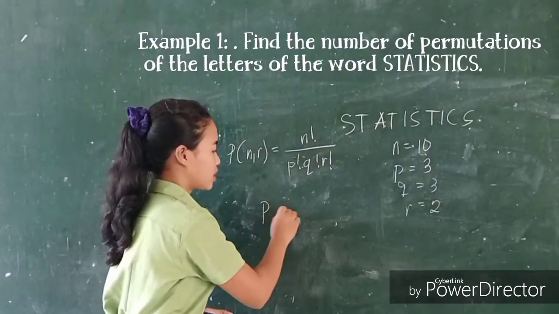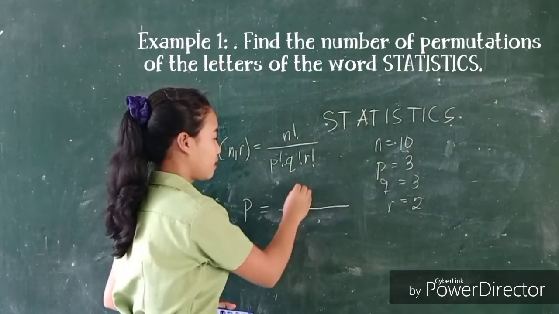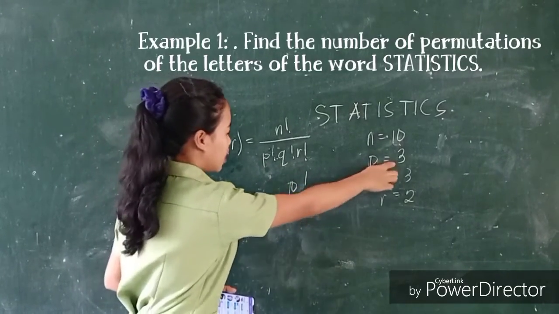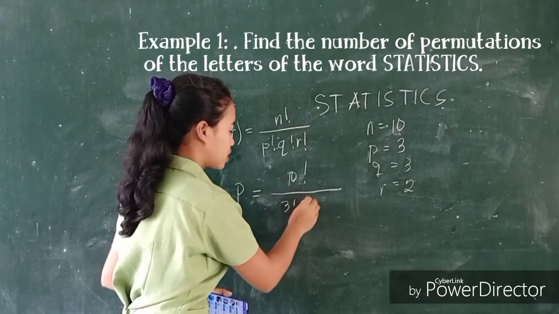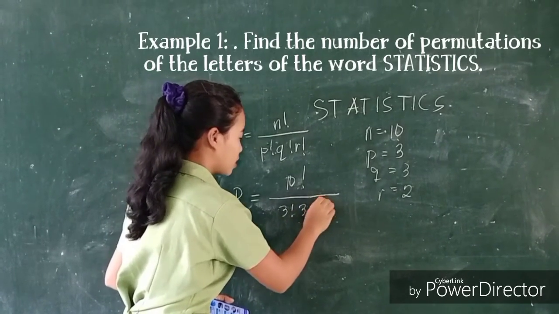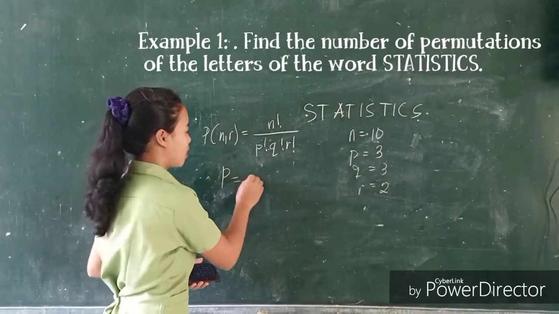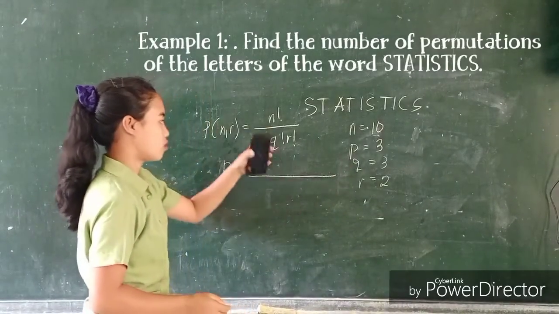So permutation is equal to n factorial. Our n is 10. So 10 factorial. P factorial. P is 3. So 3 factorial. And our q is 3. Our r is 2.